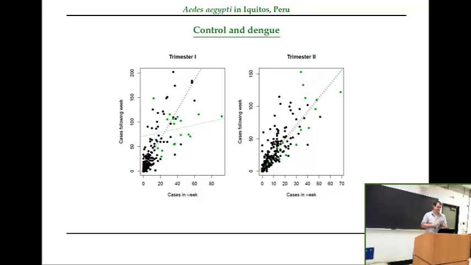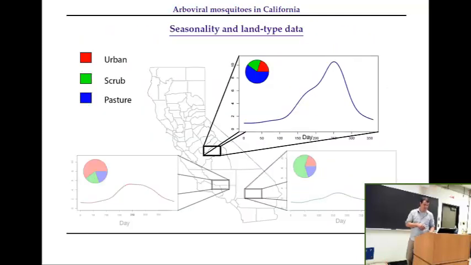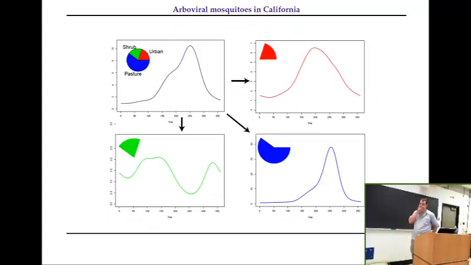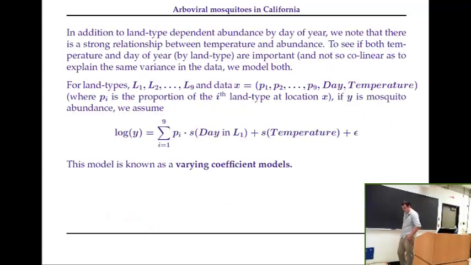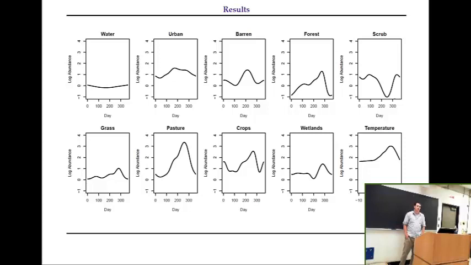Is there any validation done on the predictions for mosquito abundance by land cover and temperature? What do you mean by validation? Well, you're predicting that under different circumstances there would be a set number of mosquitoes. Did you validate that either with data that was already collected, or is it being prospectively validated?